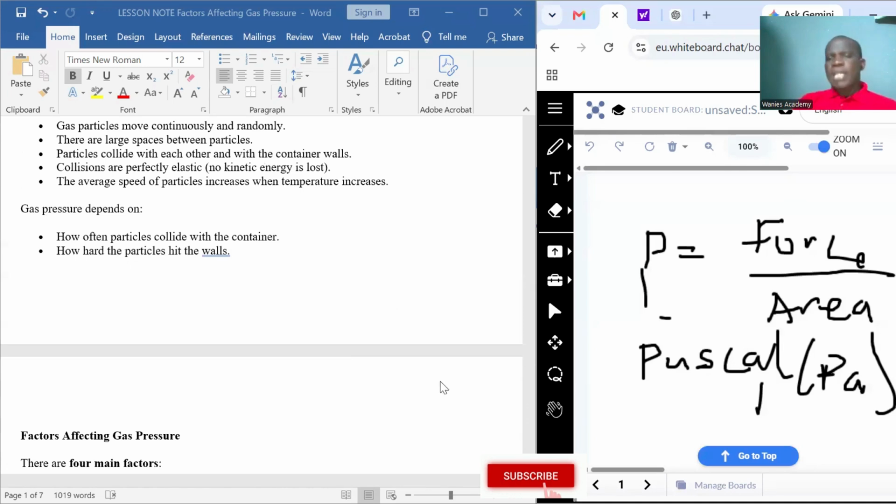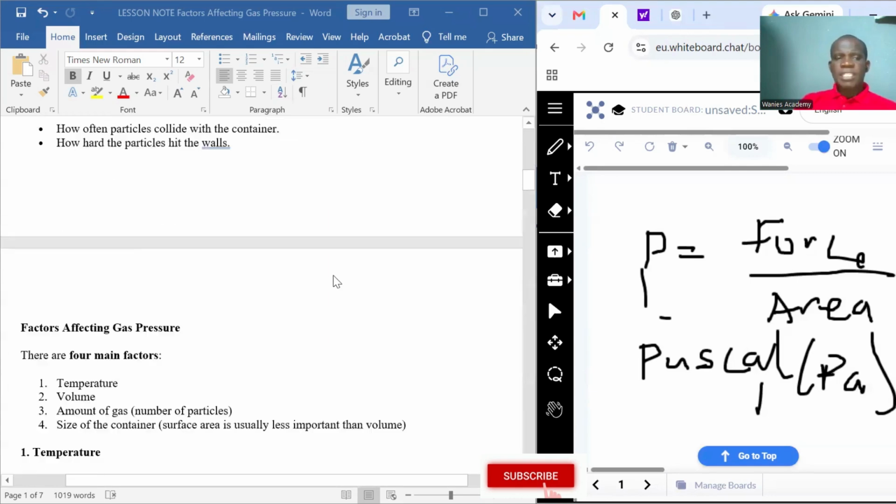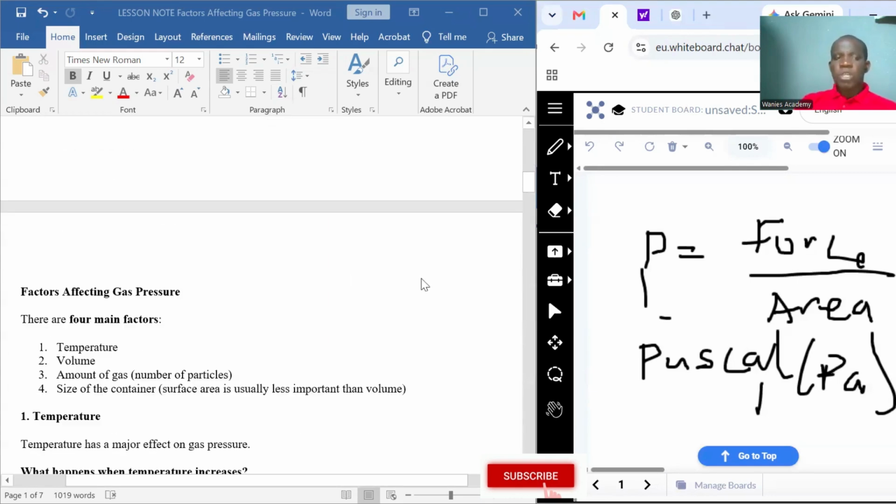Now, let's look at the factors that affect gas pressure. There are four main factors.